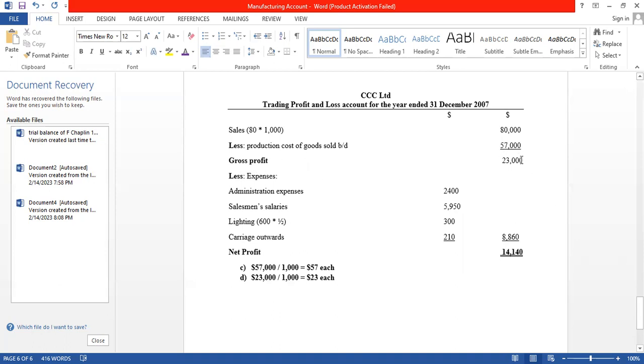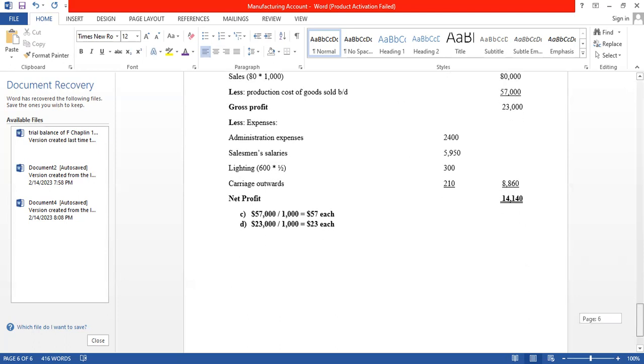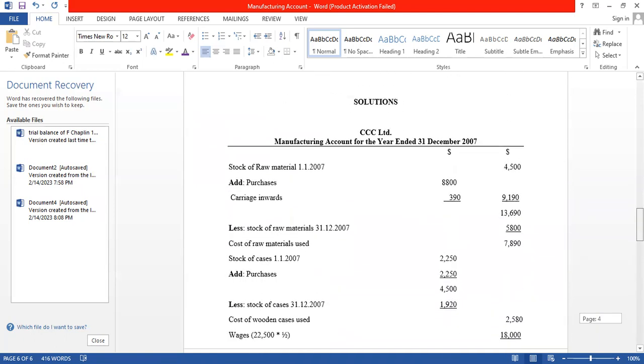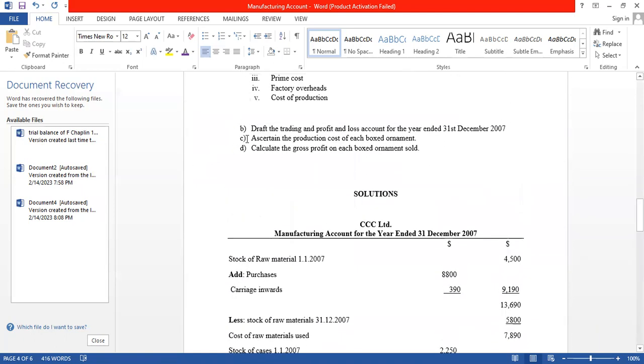Gross profit, which is $23,000, less expenses, which is all of these figures here, gives you net profit. $23,000 minus $8,860 equals $14,140. And that is the final figure for the trading and profit and loss account. It answers all of the questions that they said we should answer in B, C, and D. Good?